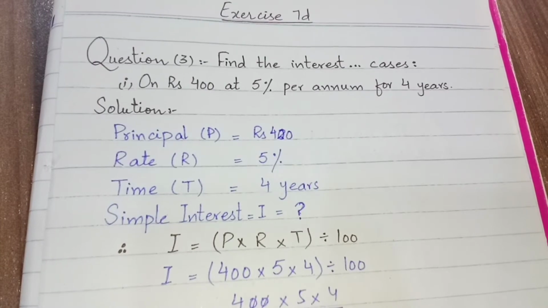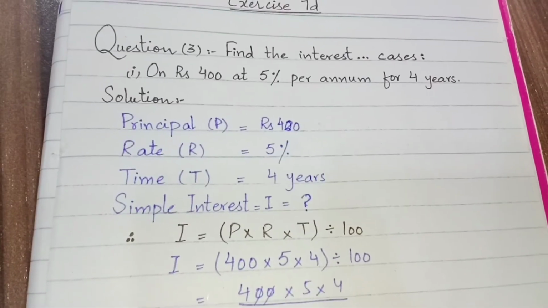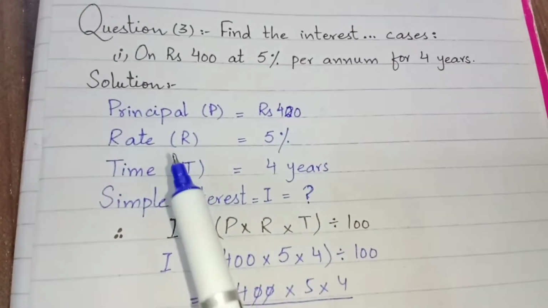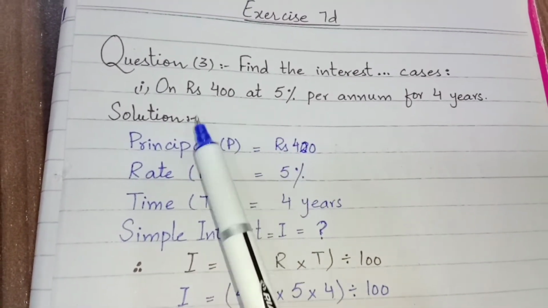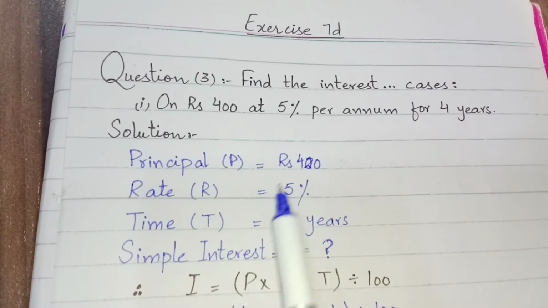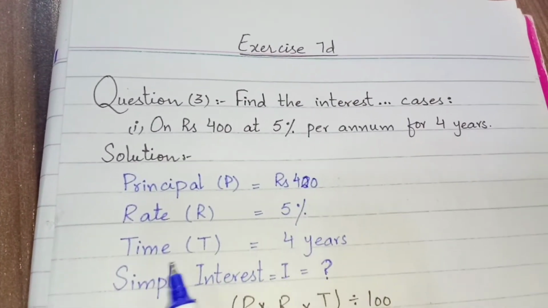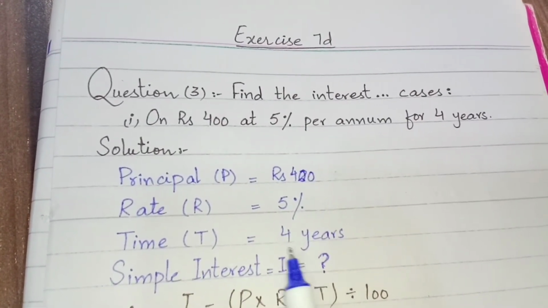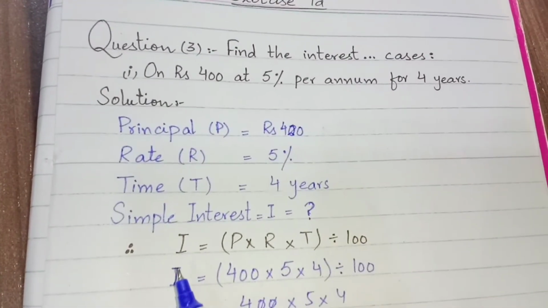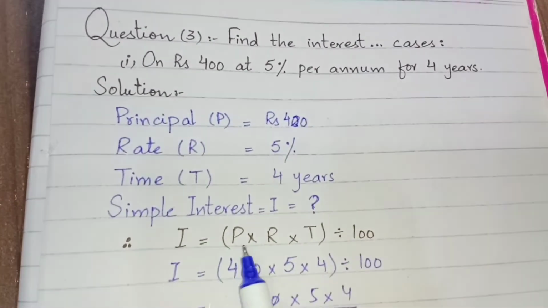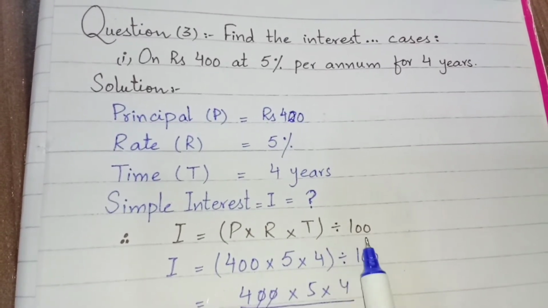Alright students, first of all we have to write the given values. Principal is equal to rupees 400, given in the question. Rate R is equal to 5%, and time is also given, that is 4 years, and we have to find the simple interest. The formula of simple interest is P multiplied by R multiplied by T divided by 100.